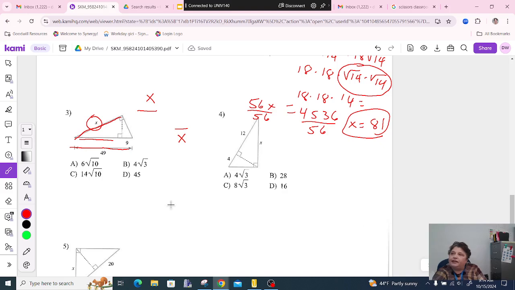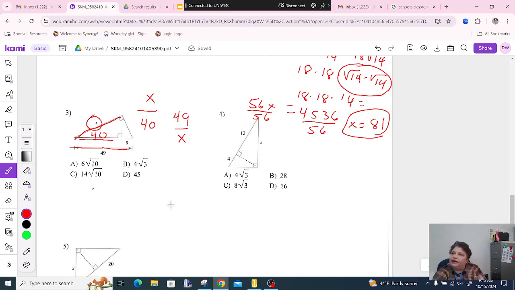If I take this 49 and subtract 9, this is 40. Because 40 plus 9 has to be 49, right? So I'm going to use 40 and 49 because you use the part of the hypotenuse it touches, and then you use the whole thing. So I would use 40, and then I'm going to use 49.